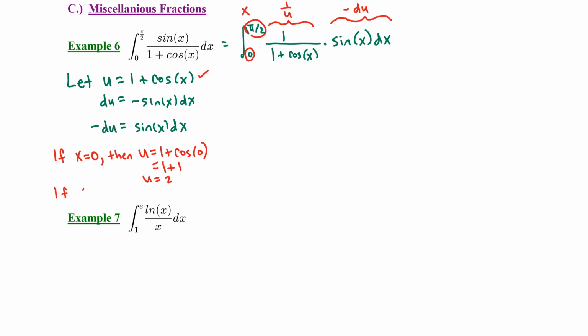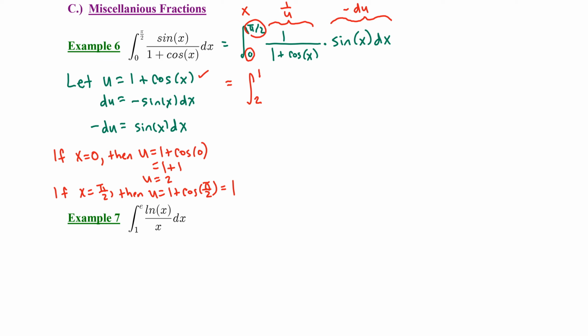Similarly, if x is equal to my upper limit, pi over 2, then u is 1 plus cosine of pi over 2. Cosine of pi over 2 is 0, so my new upper limit would be 1. So when I rewrite this in terms of u, my lower limit, x equals 0, gets replaced with 2. My upper limit, x equals pi over 2, gets replaced with u equals 1.